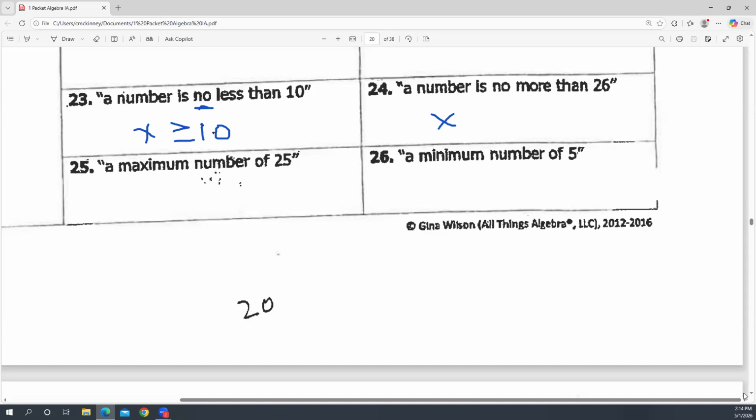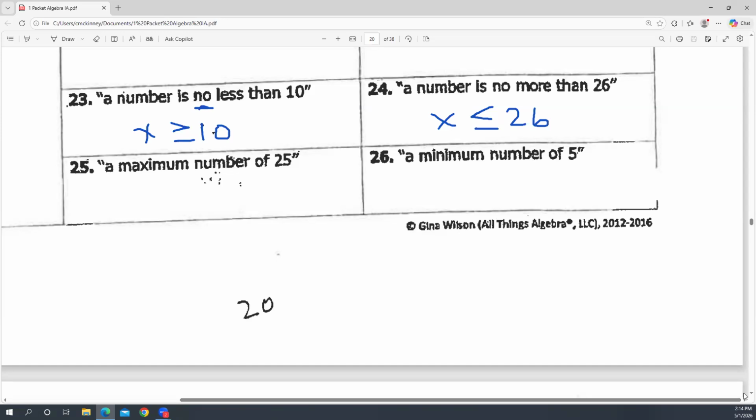No more than 26. So it would have to be less than or equal to 26. A maximum number, maximum means the highest. For instance, in an elevator, there might be a maximum weight or it would not be safe.